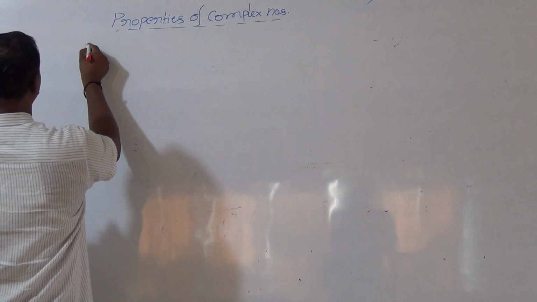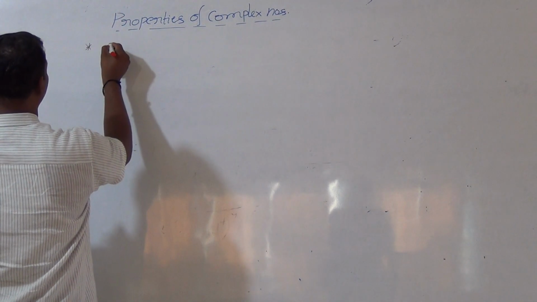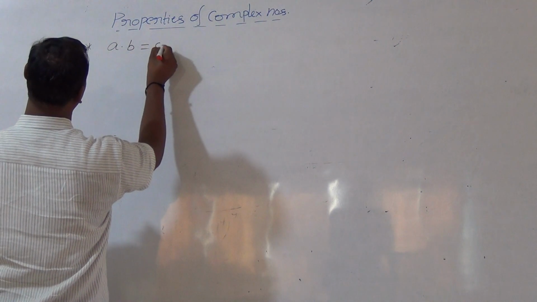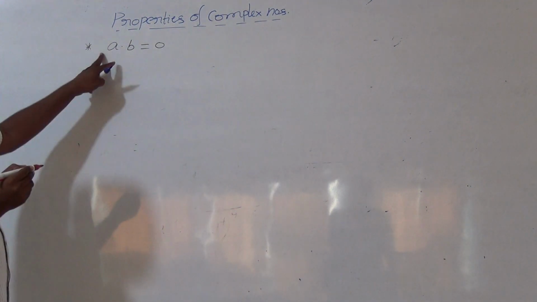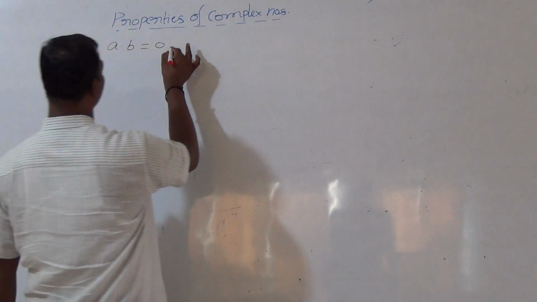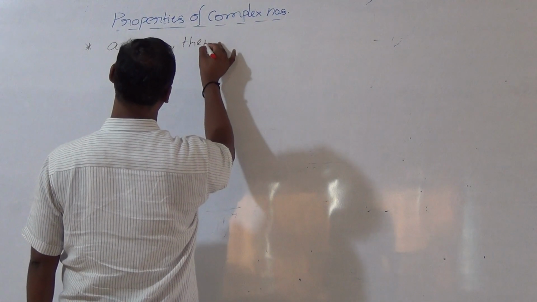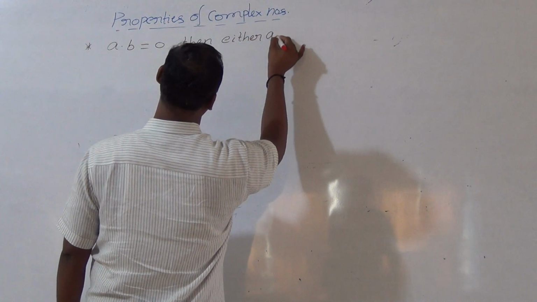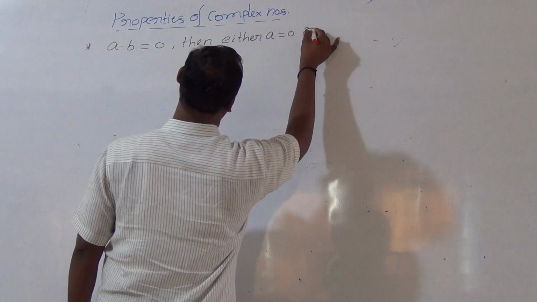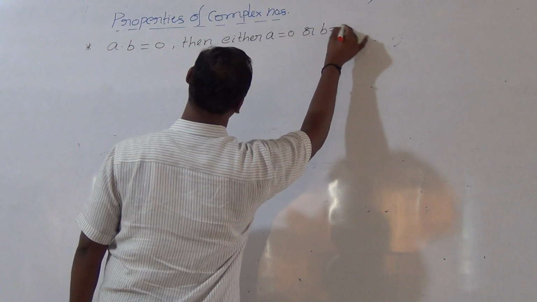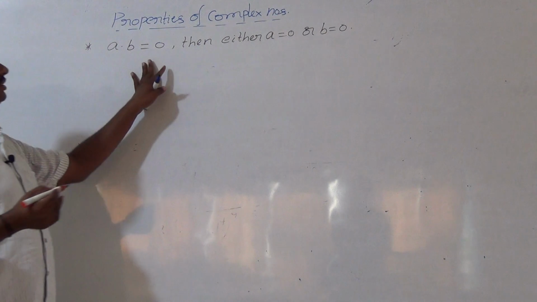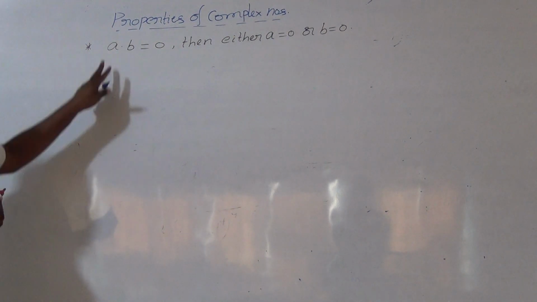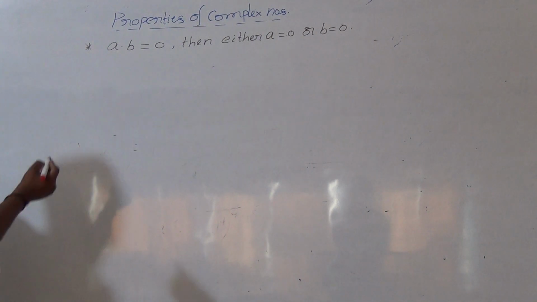So first one, let us take here A into B. If A into B is equal to 0, then either A will be 0 or B will be 0. Any one of them will be 0, meaning here either A is 0 or B is 0. This is the product being equal to 0.